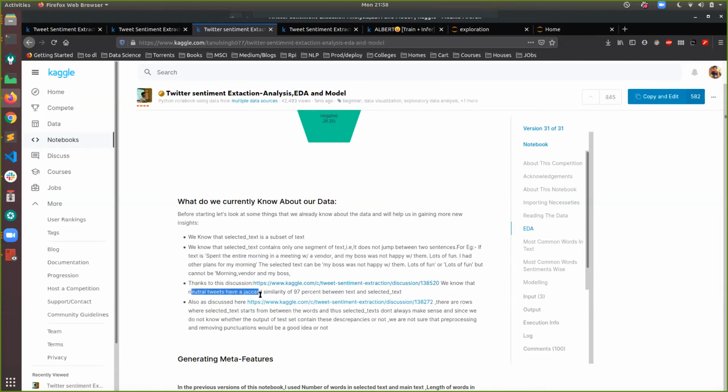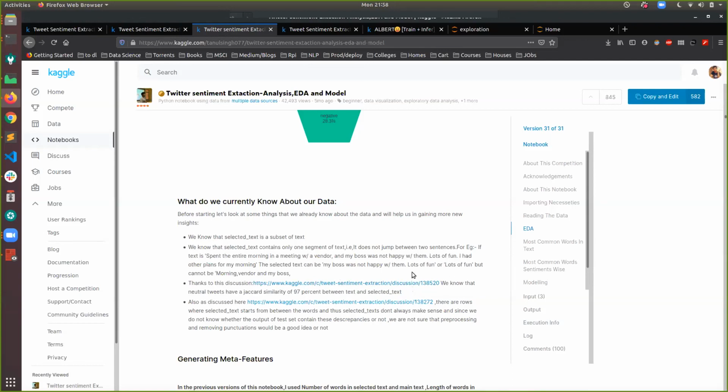Neutral tweets have a Jaccard similarity of 97% between the text and the selected text. So what this means is, for neutral tweets, the selected text is basically the same as the text itself. For neutral tweets, you don't have a defining word that causes the tweet to be neutral, right? It's basically the whole tweet that would signify that this tweet is neutral. Whereas for positive tweets, you would have a couple of words that say that this tweet is positive.